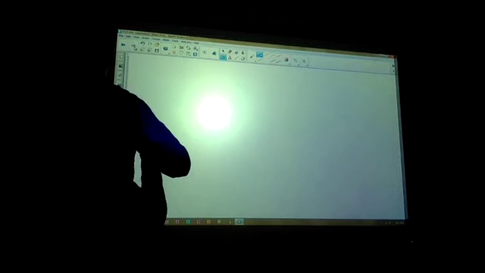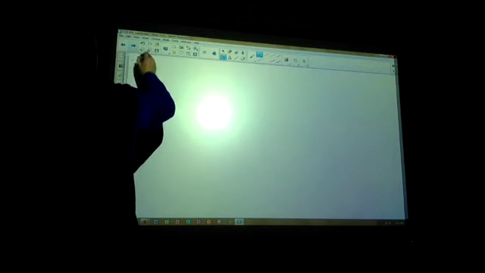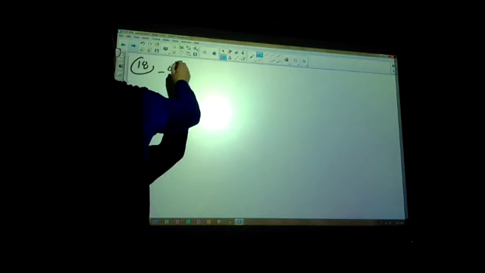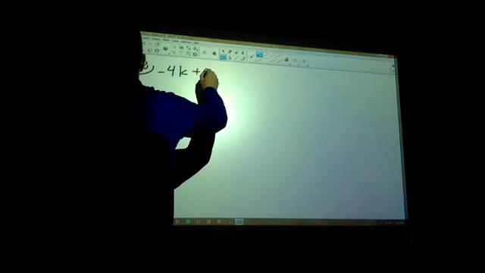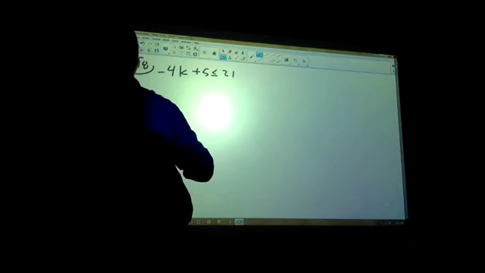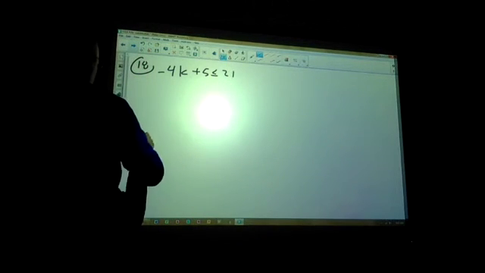So, let me just write these down real quick and I'll come back and work them out. Let's see, negative 4k plus 5 is less than or equal to 21. Then number 19.